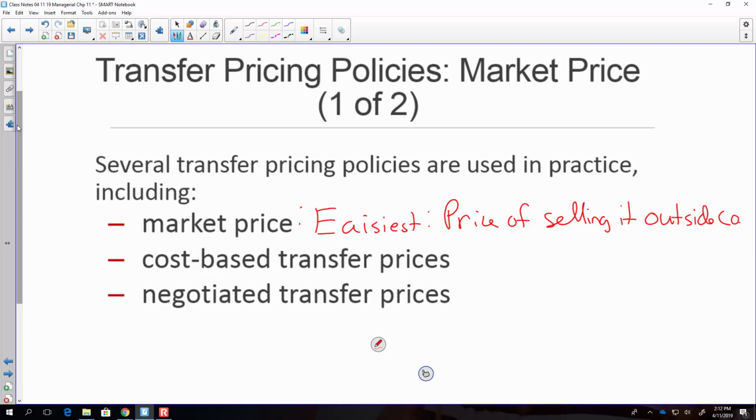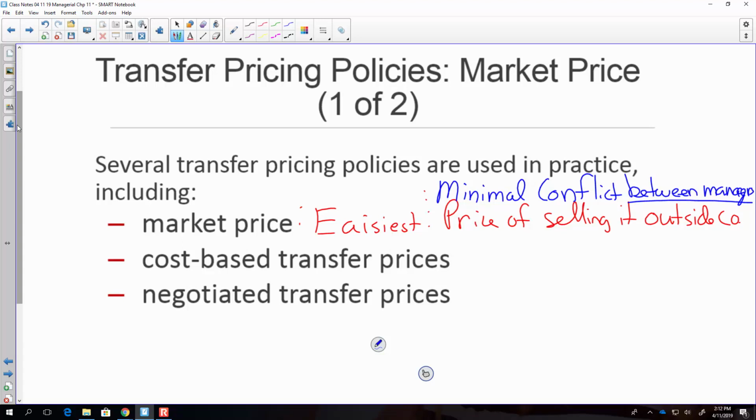So it's always determined, it's always known, and if it changes outside, it changes internally, right? So that's why it's nice, it's easy. And if that is always the case, there's minimal conflict between division managers. And that's what we want. We don't want a conflict between our divisions.